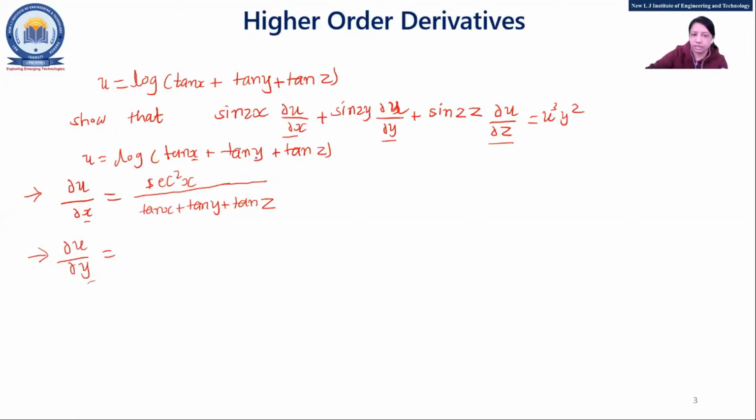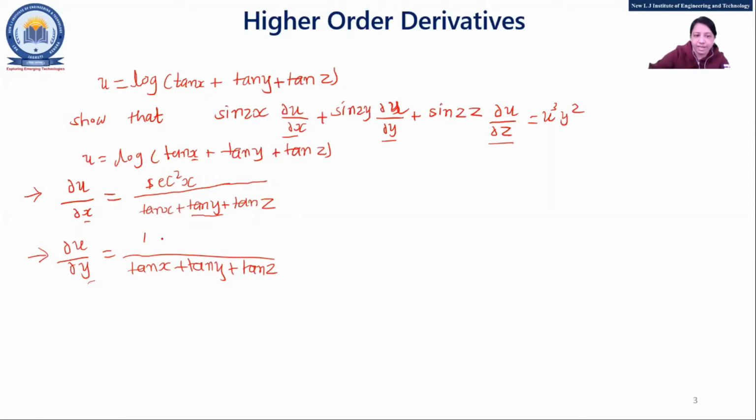So first this is u, so I'll write the same as the previous one, that is 1 upon 10x plus 10y plus 10z. And now y. So this 10y is supposed to be there. Others remain constant, and differentiation of a constant will be 0.